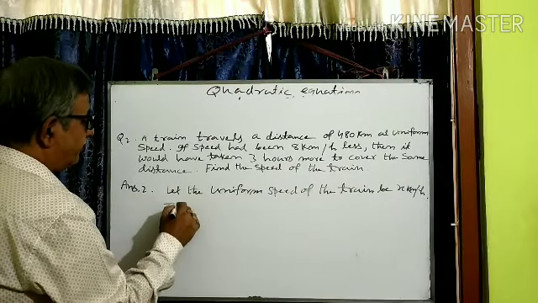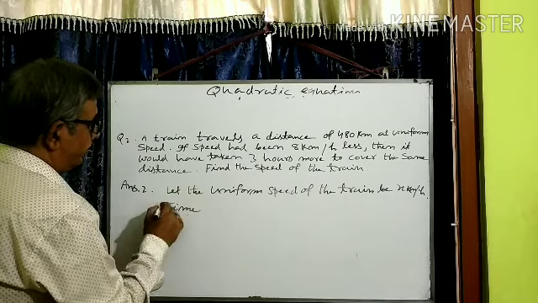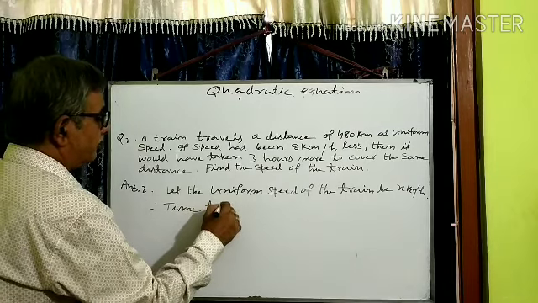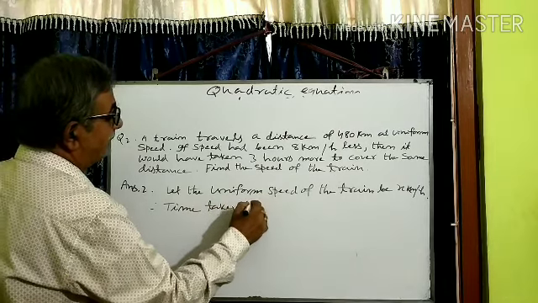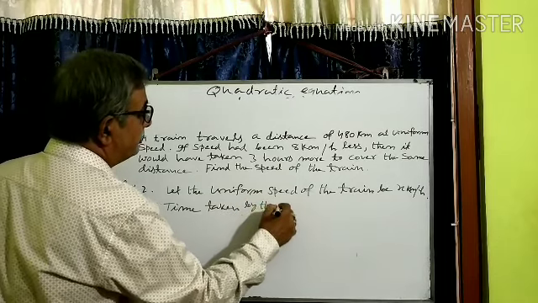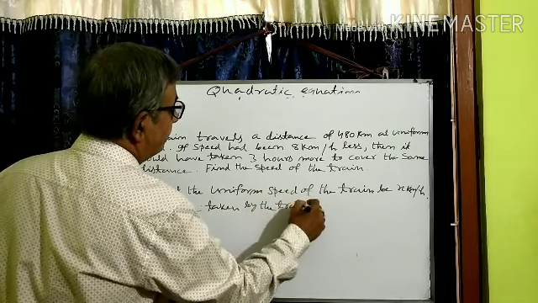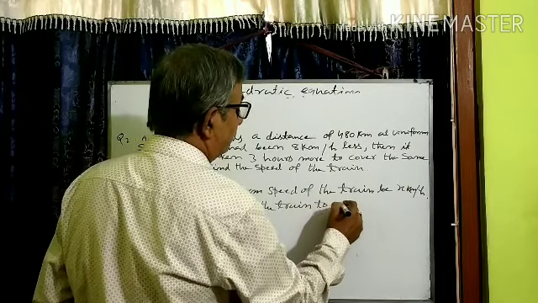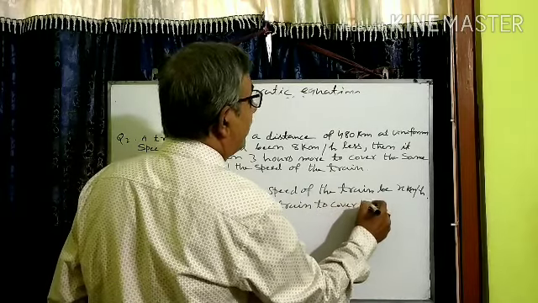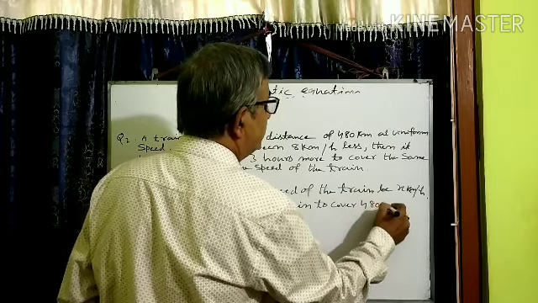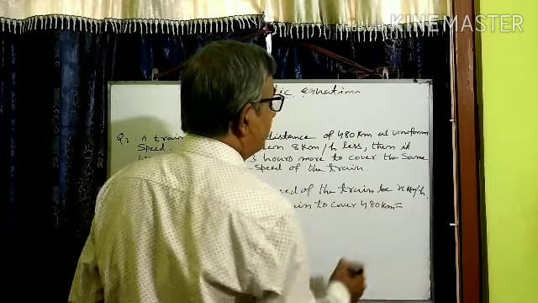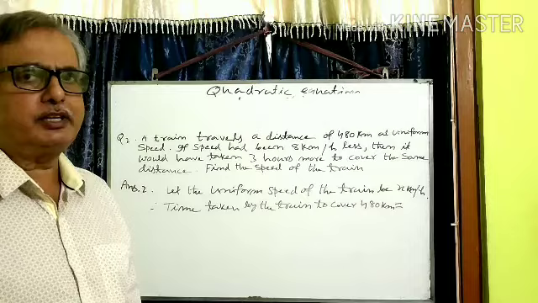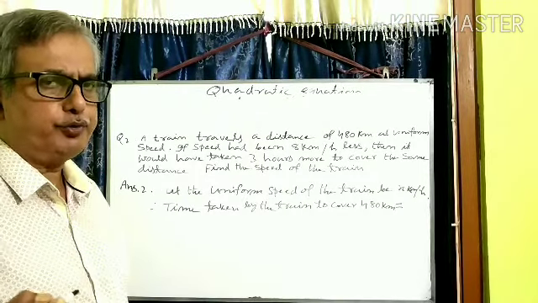Time taken by the train to cover 480 km is equal to how much? You know, to find out the time, what formula are you using?